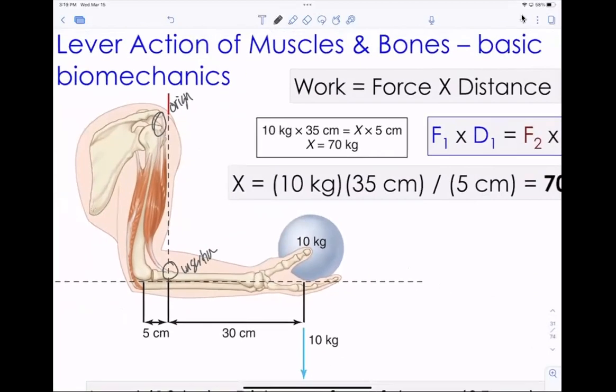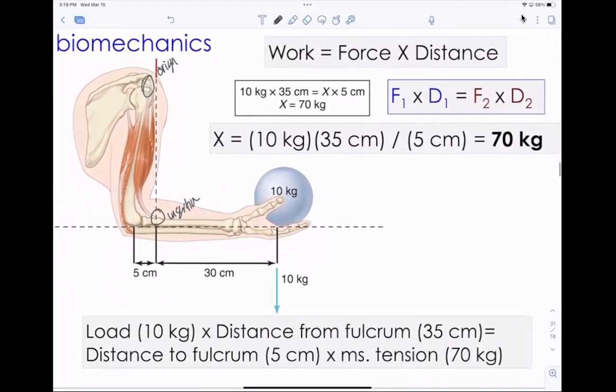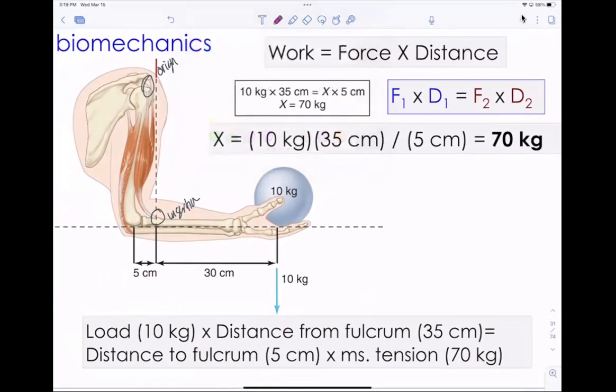And when we talk about biomechanical advantages and how much force does it take this muscle, so you have a muscle here and we're going to say, how much force does this muscle need to produce to pull here at the tendon site to move this weight, right? Because this 10 kilograms is pulling down.